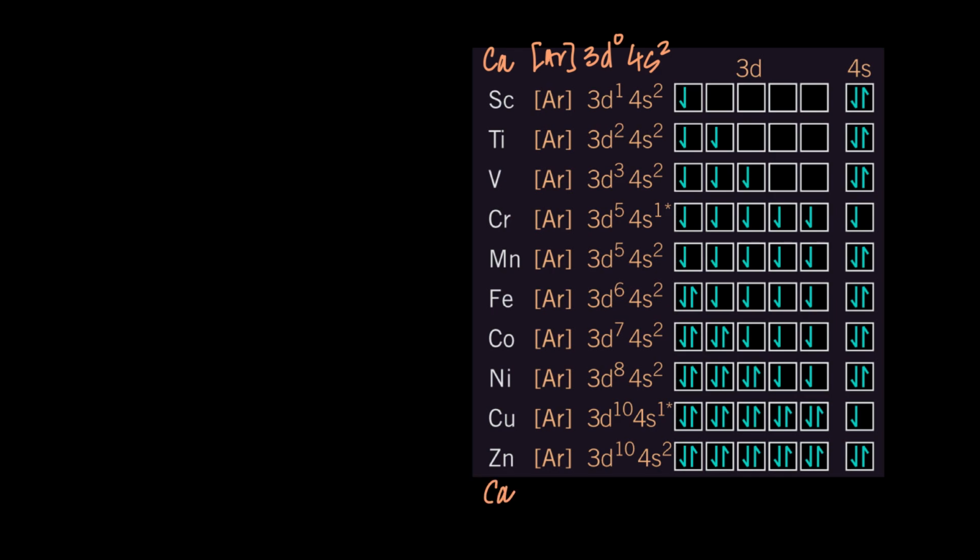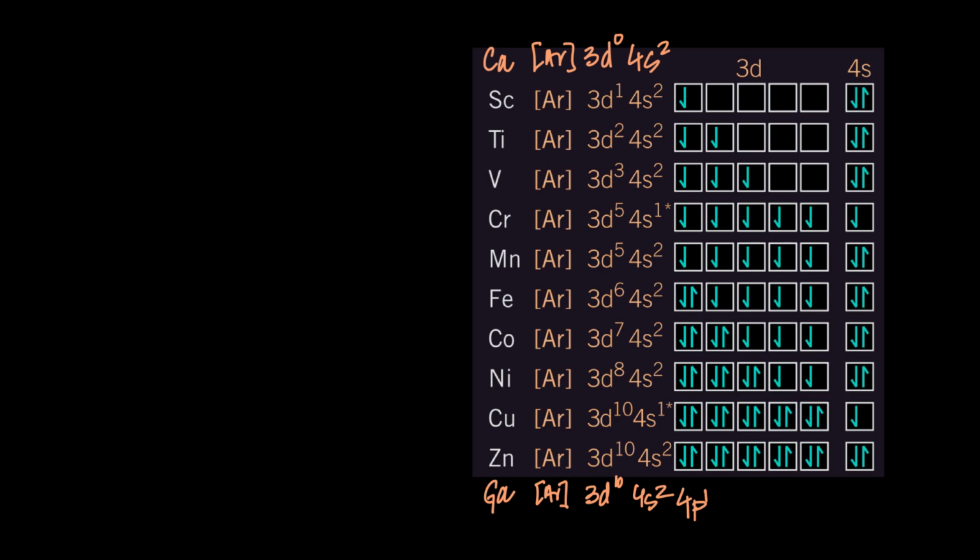Gallium would be Ar, 3d10, 4s2, and then it fills the 4p1. So from scandium to zinc, the electrons are going from 3d1 to 3d10. And this is the electronic configuration of the first row of the D block of elements. You should remember that the 4s fills before the 3d.